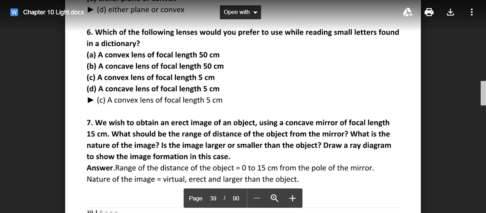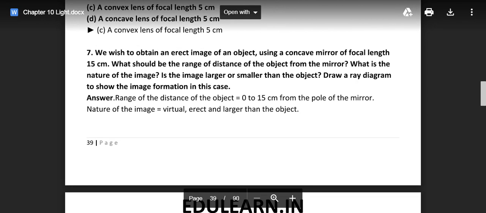Reading small letters found in a dictionary. In order to read the small letters found in the dictionary, we should use a lens that helps us see small objects as larger images, right? So it is a convex lens of focal length 5 centimeter. You can solve it.